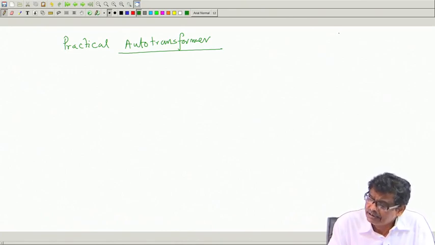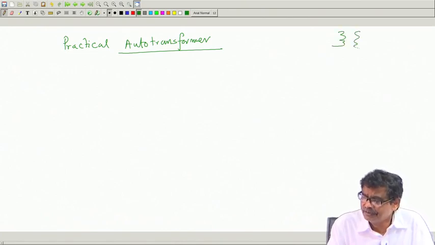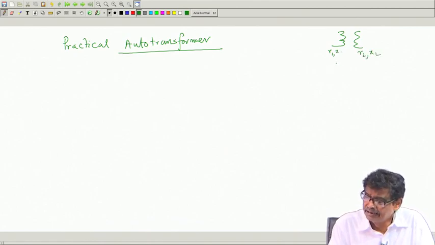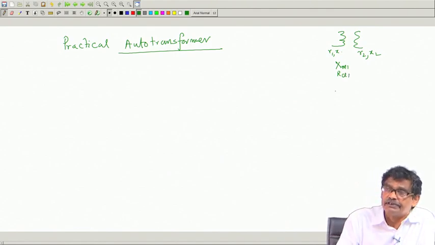A practical two winding transformer, we know you have to take R 1 X 1, R 2 X 2 and then magnetizing reactance X M 1, R C L 1, the core loss component of resistance, all these things you have to bring here.